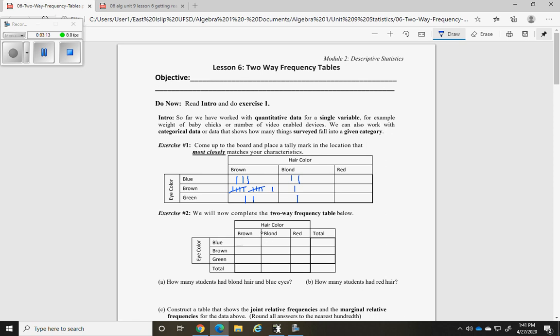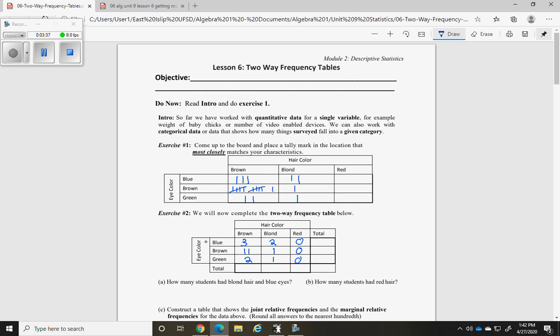But now when we complete the two-way frequency table, we're changing the tally marks into numbers, because that's what a frequency is. And then in the margins is where we put our totals.